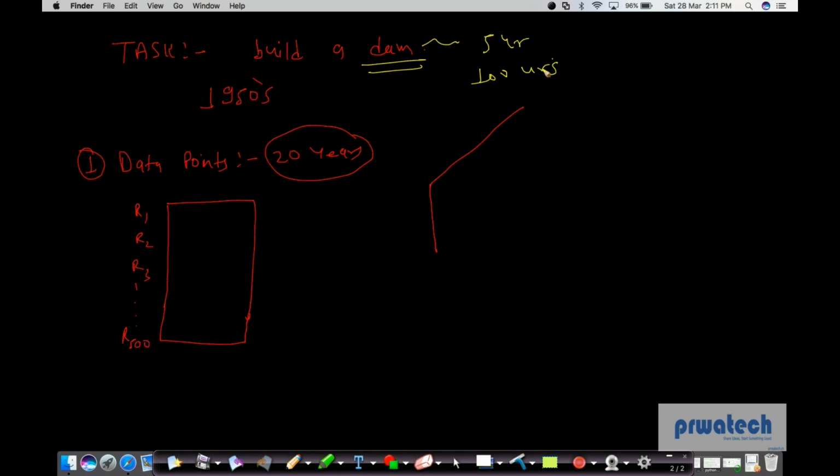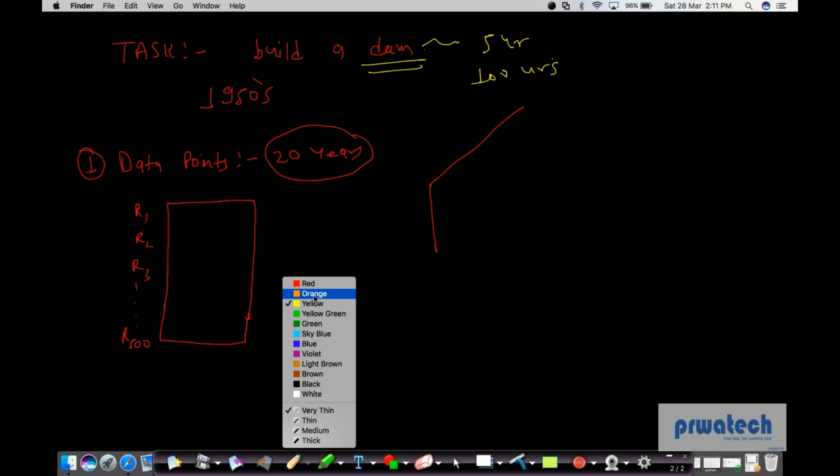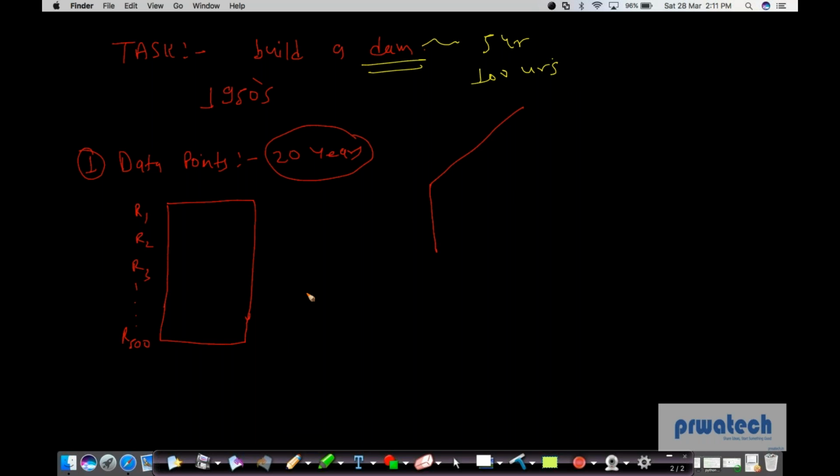So when I'm building this for hundreds of years, or for another century, I need to know a couple of questions. First question: what should be the height of this dam? Because this is the very first information I need, so that I can check my total upstream.